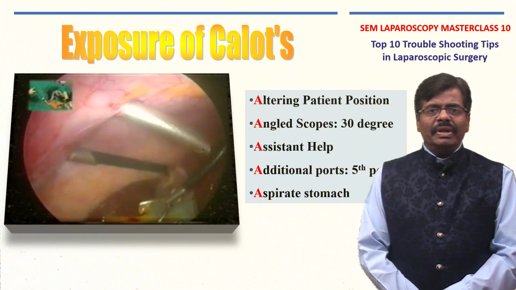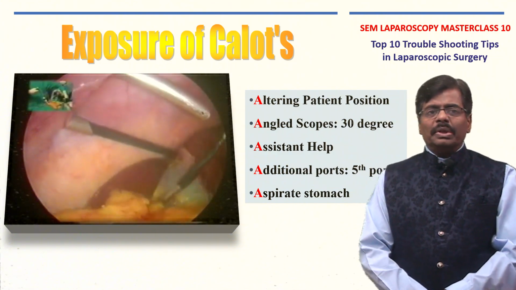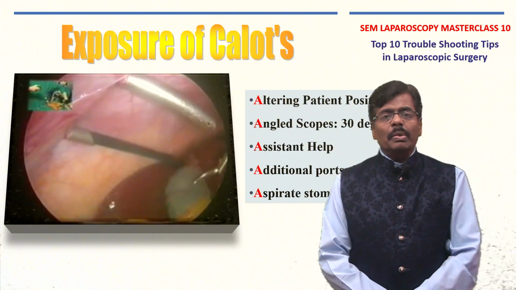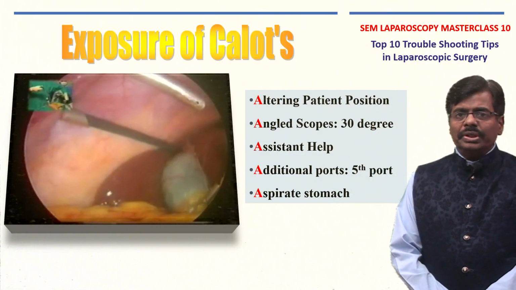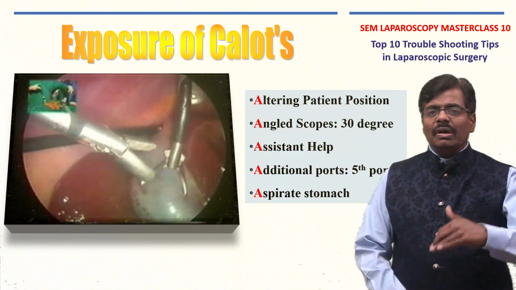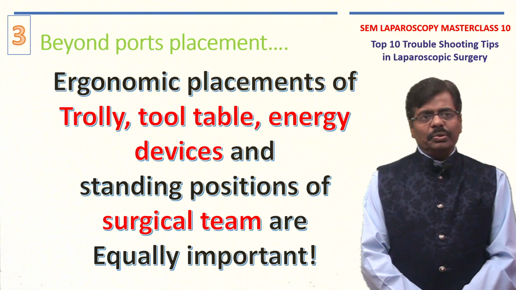And if necessary, we can always put an additional port, for example, if you want to depress the omentum or the duodenum. And if it is a distended stomach, we can ask the anesthetist to put in a nasogastric tube. So, all these things are going to improve the exposure, not any retraction. So, that is all the secrets I wanted to share with you.